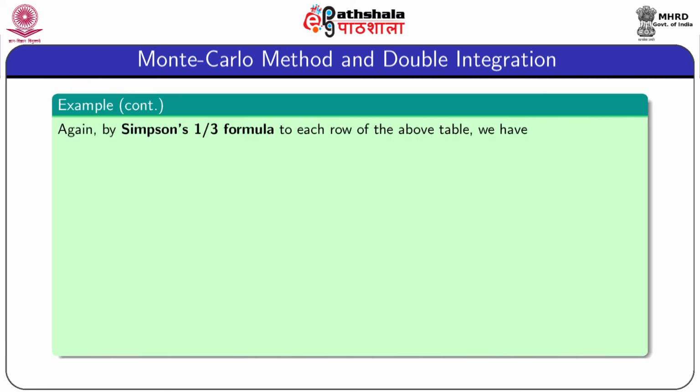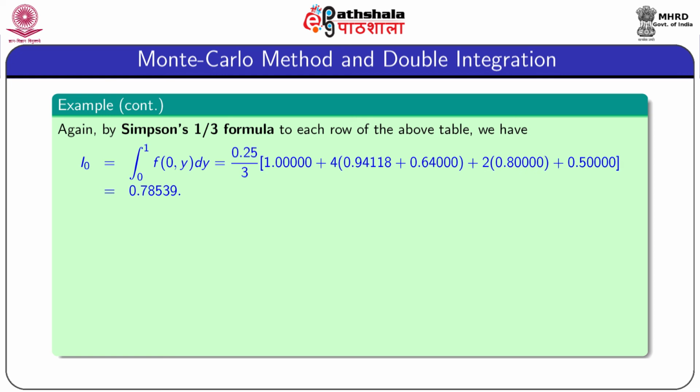Now, we apply Simpson 1/3 formula to get the value of the double integration, and from the above table we get I0 equal to integration 0 to 1 f of 0 comma y dy, which is equal to 0.78539, and similarly for the second row we obtain I1 equal to this value, from the third row we get this value, from the fourth row we obtain this value, and so on.